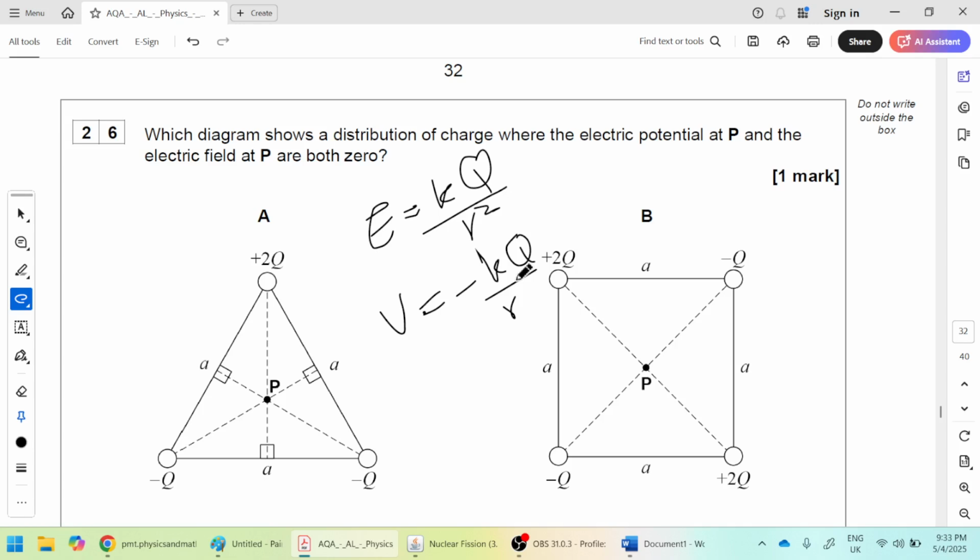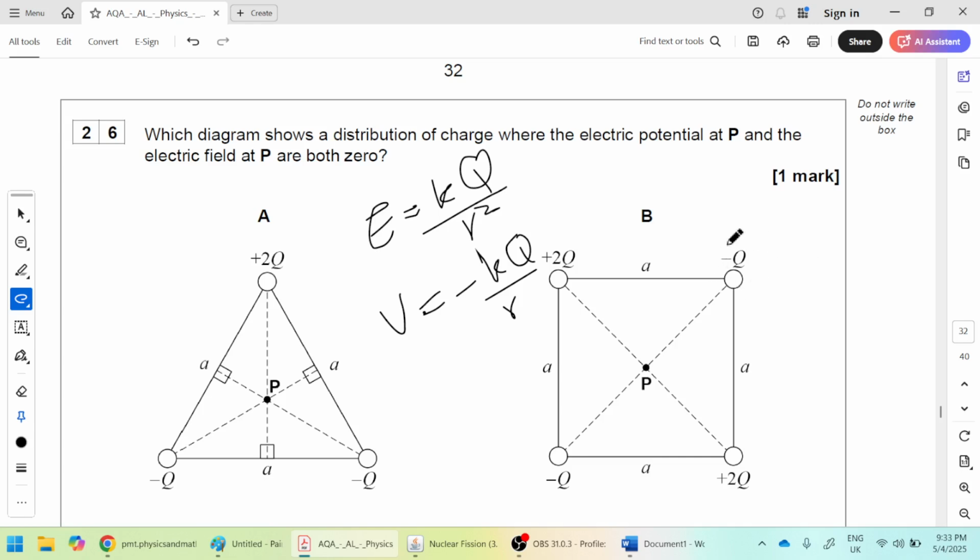Now I can see that this is 2q, this is 2q, which means here still they are not going to cancel out. The electric potential due to 2q is going to be double, because it's going to be double of this in magnitude.